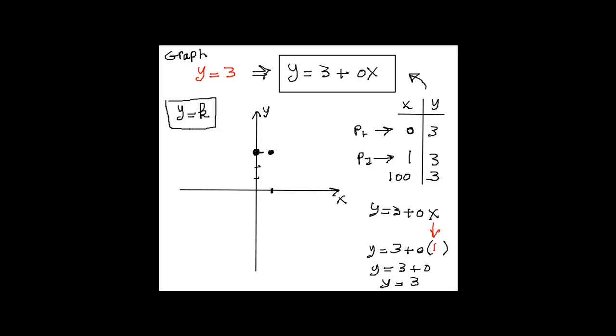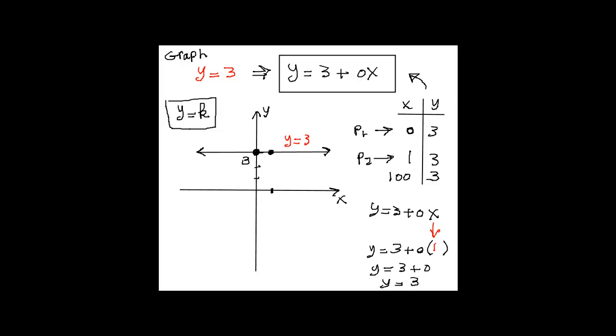So that would represent a horizontal line that passes through point 3. So this would be y is equal to 3. As you see, all the points on this line share the same number for y.